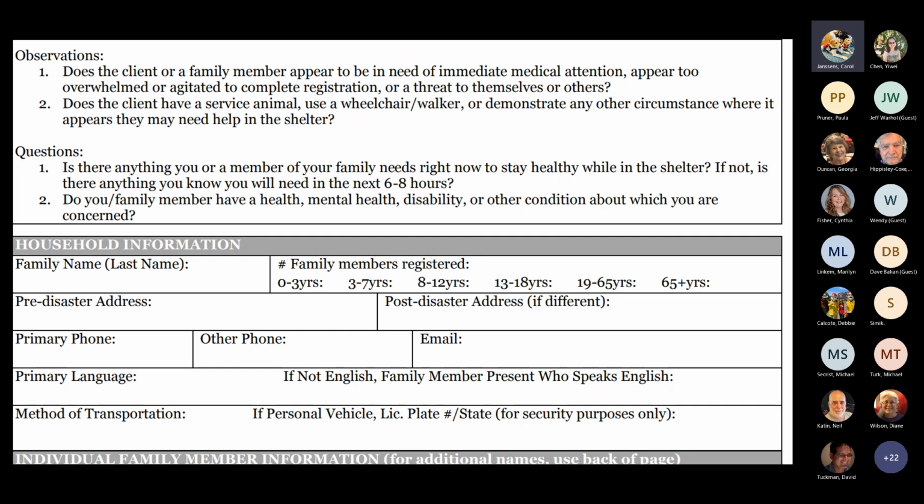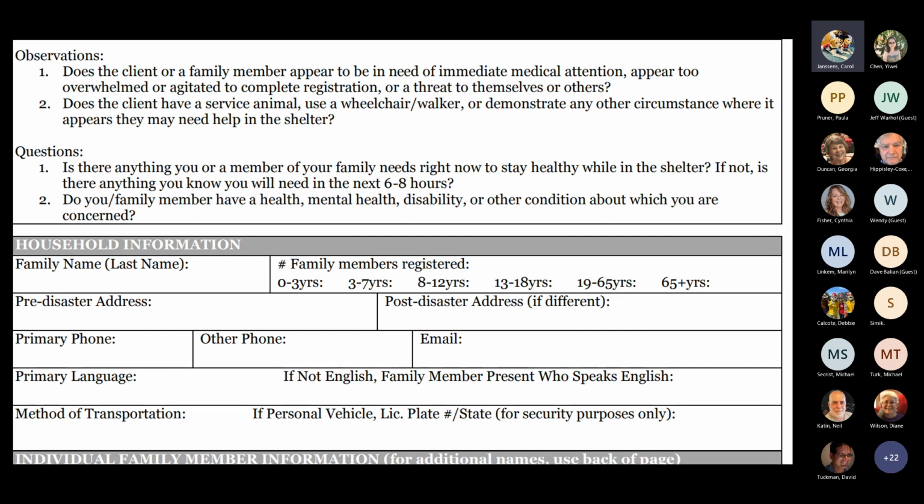The other questions we ask the client at the beginning: is there anyone in your household that needs something right away to stay in the shelter? So we want to make sure whether there is an immediate need, or is there somebody who needs something within 6 or 8 hours?